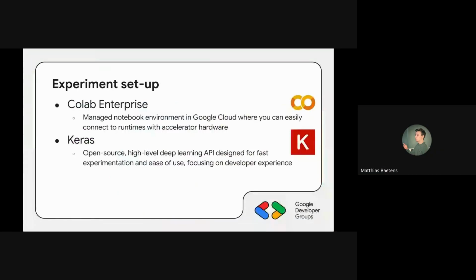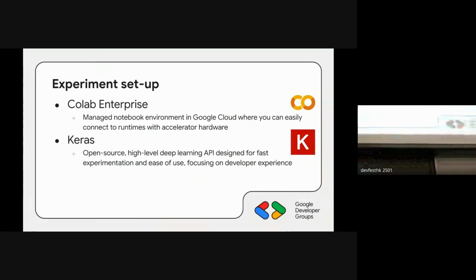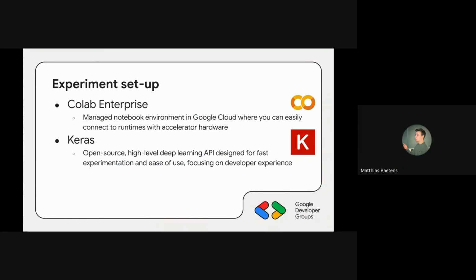So what do my experiments look like? I started with Colab Enterprise, which is a managed environment on cloud. So you can easily connect to a runtime that has some acceleration ready for you to play with. For code, or for library, I use Keras, which is an open-source high-level deep learning API for fast experimentation.